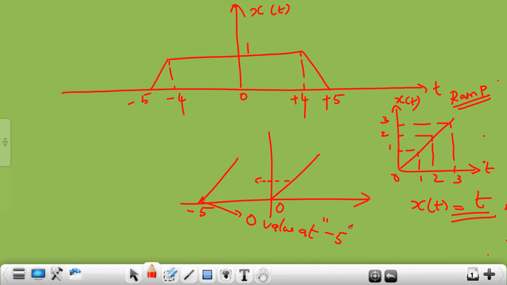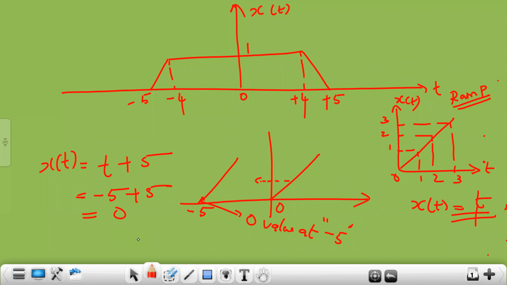So what should be the equation? To make this 0, what do you have to do? We need to add 5. Yes, correct. So x of t now will become t plus 5, because only at t equal to -5 it becomes 0.